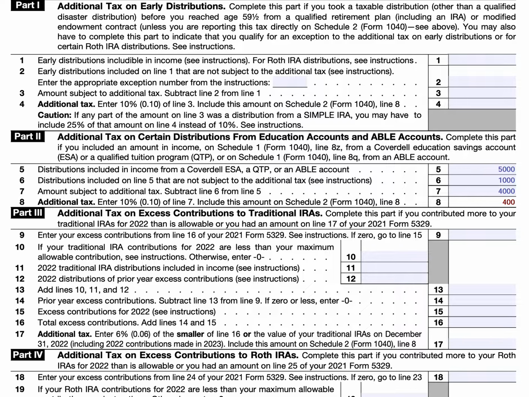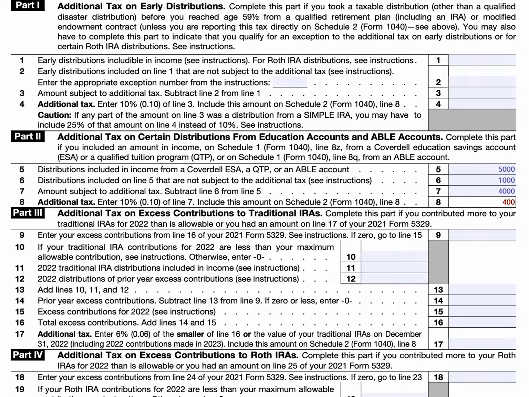In line 12, you will enter any amounts that you included on line 9, which are excess contributions to your traditional IRAs for 1976 through 2020 that you had returned to you in 2022, and any 2021 excess contributions that you had returned to you in 2022 after the due date of your 2021 tax return if you did not claim a deduction for the excess contributions, no traditional IRA deduction was allowable, and the total contributions to your traditional IRAs for the tax year were not more than the amounts shown in the table in the instructions.